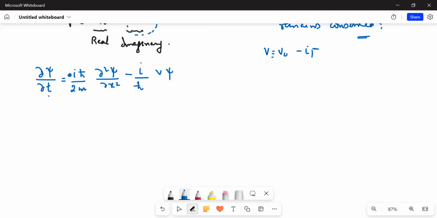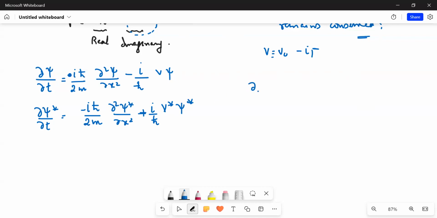So now I'll have to take the conjugate. It gives me minus iota h bar upon 2m del square psi star upon del x square plus iota upon h bar V star psi star.